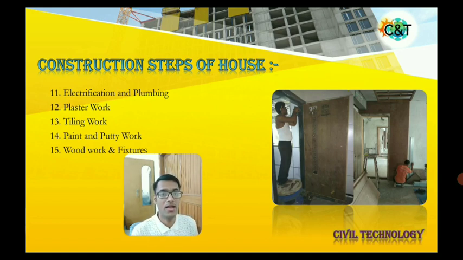Okay, remember in the 11th step that we discussed, electrical and plumbing, you only have to give a connection to the points where your electrical and plumbing accessories are coming. You don't have to fix or put the accessories in the 11th step.